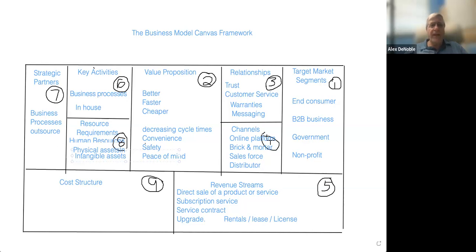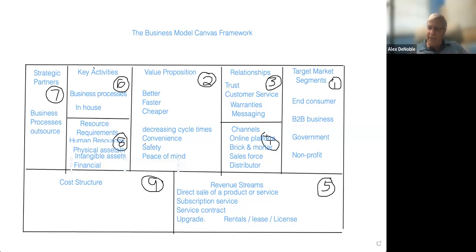And then finally, in terms of resource requirements, I want you to start thinking about what kind of financial resources you think you're going to need. Now, in some other classes, we'll talk about bootstrapping strategies, because many times in a startup, you're undercapitalized.